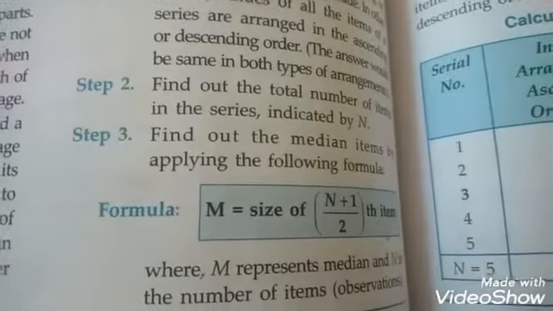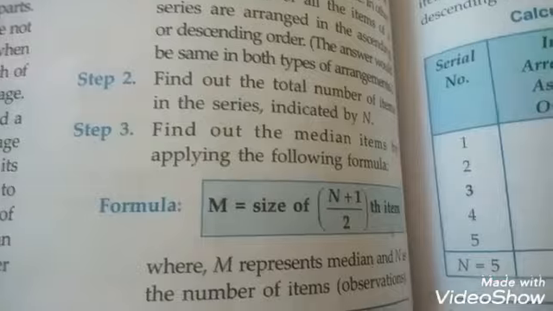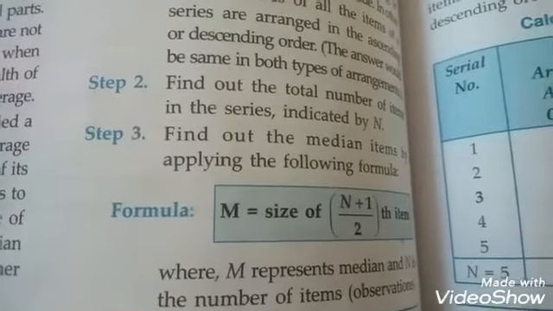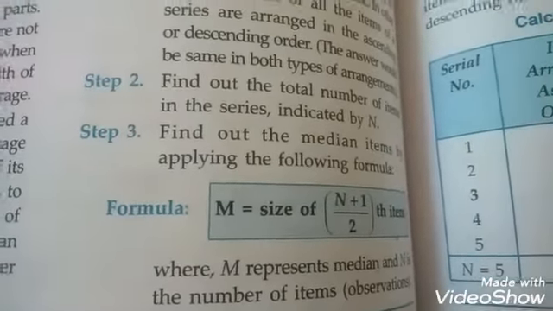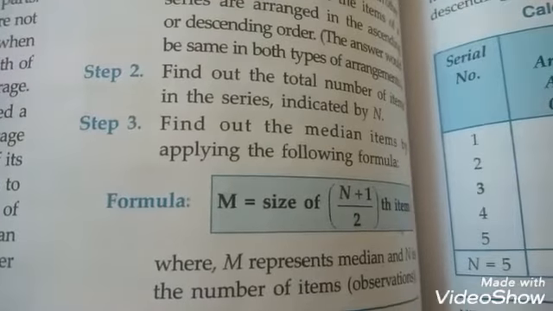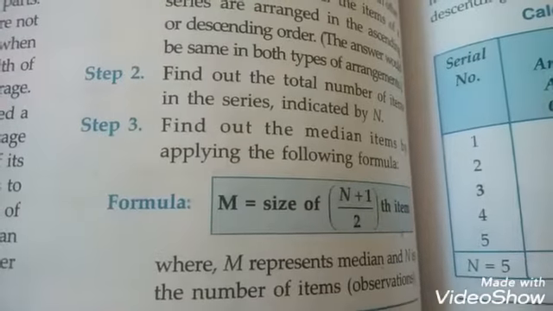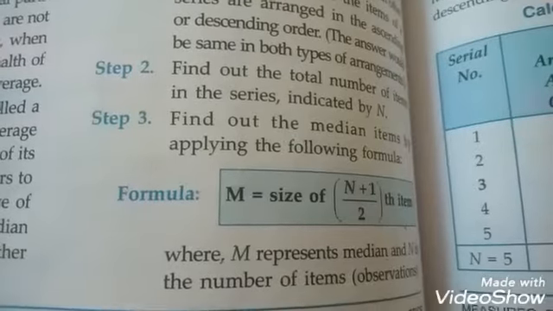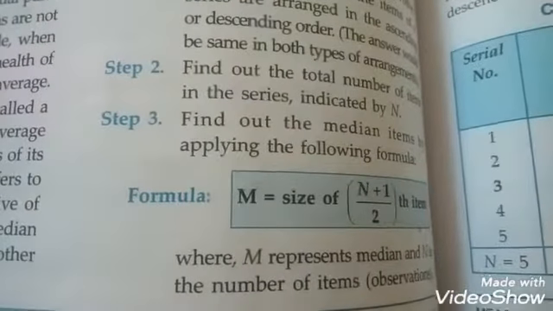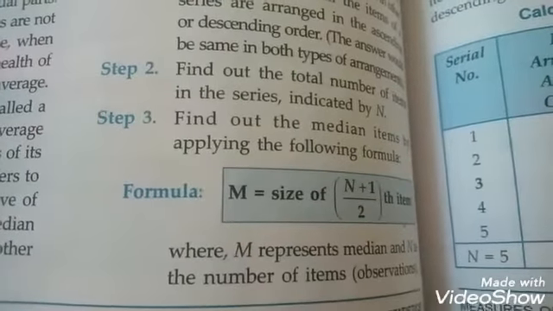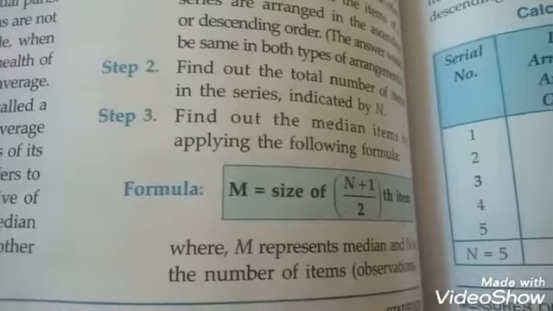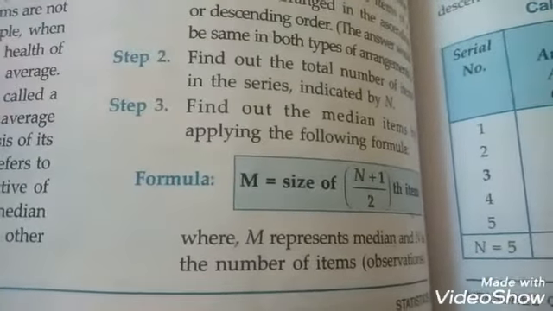This formula is for calculating median when the number of values is an odd figure. Like I said, 5 plus 1 is 6, by 2, so we just have to take the third value.